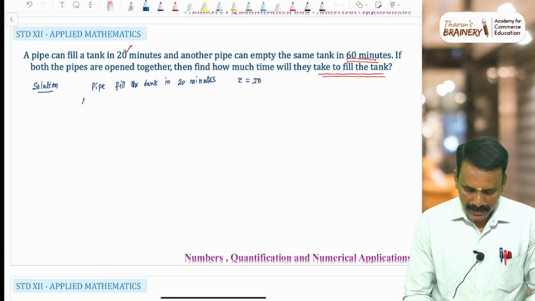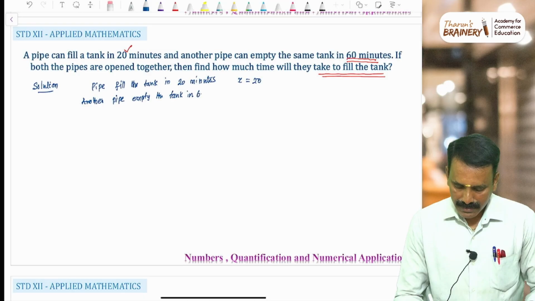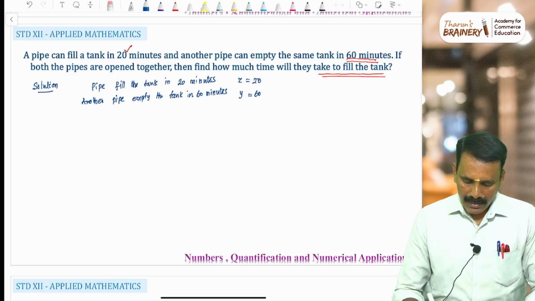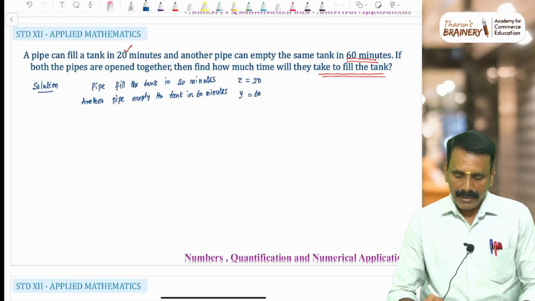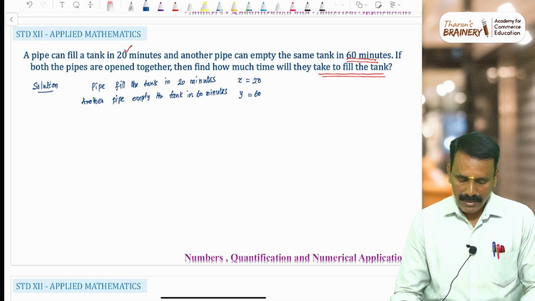Another pipe empties the tank in 60 minutes. We take y is equal to 60. Now, in 1 minute, because the questions are given in minutes, we try to solve with minutes.